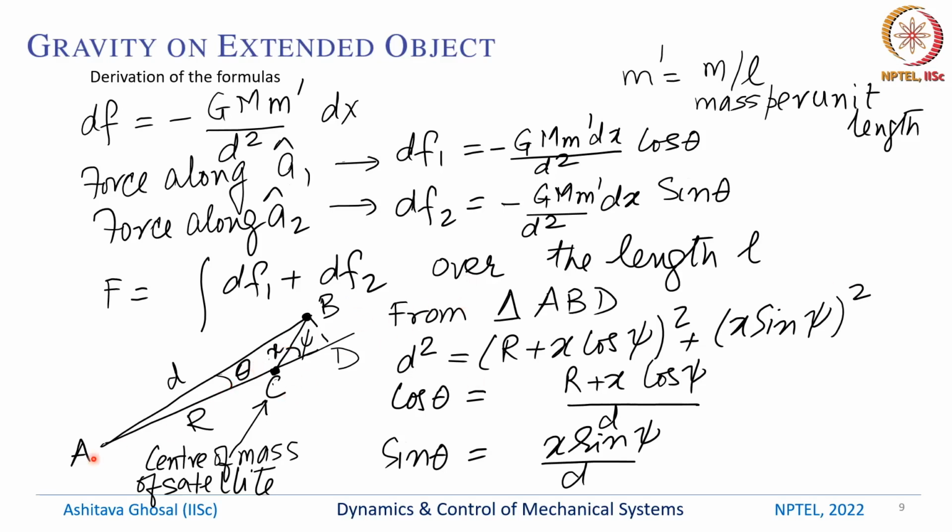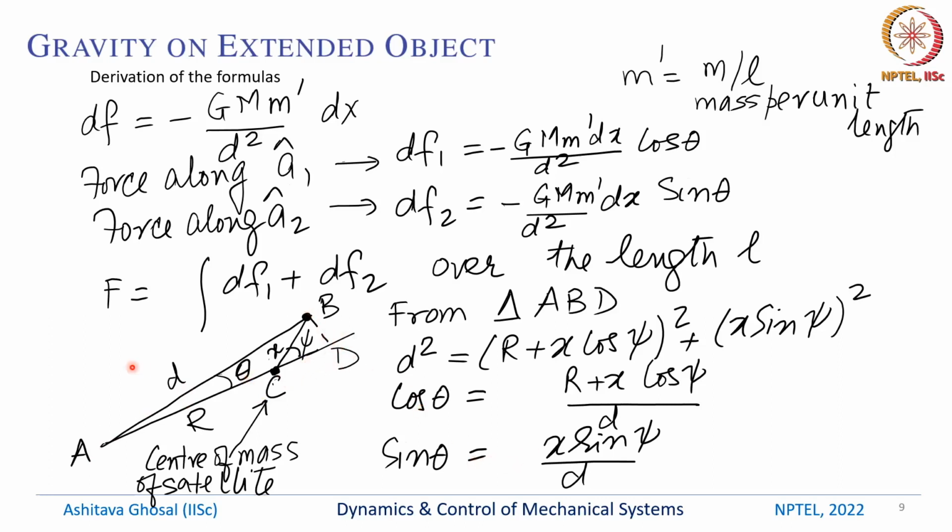So from this triangle ABD, what you can see is this d square is nothing but r square, remember, this is the center of Earth, and C is the center of this extended object. But then you have this small term, x cos psi whole square, plus x sine psi whole square. So this distance d square is nothing but this plus this, and this is r plus this small distance plus this distance.